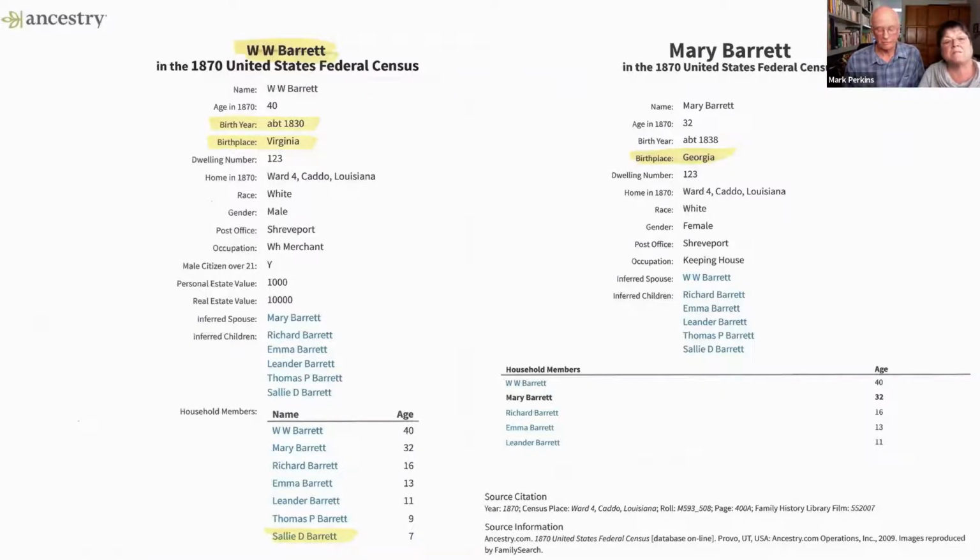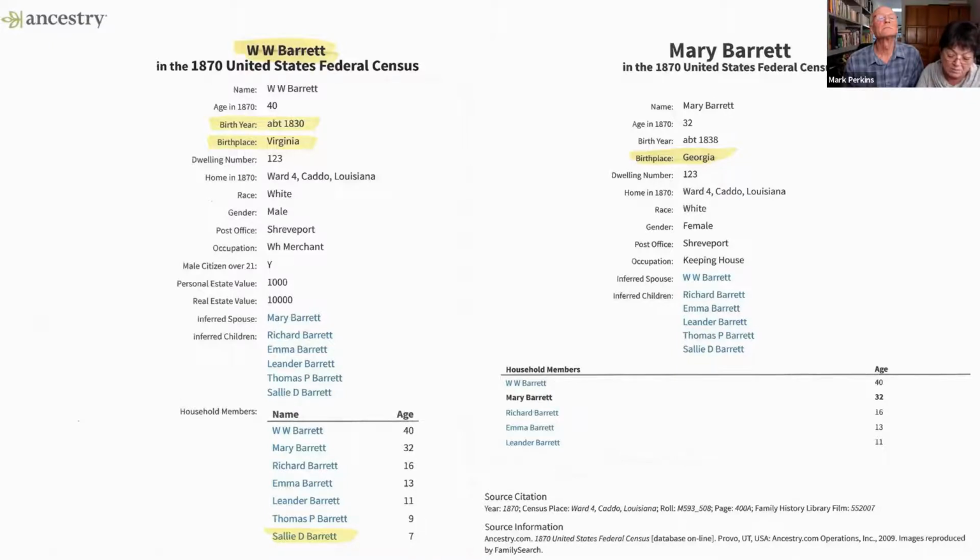So this is the Barrett 1870 census transcription. To verify the information from the obituaries and look for further information, I went to the 1870 census because Sarah was born in 1863. This would have been her first census listing. Her father's initials, W.W. Barrett, made online searching a challenge.